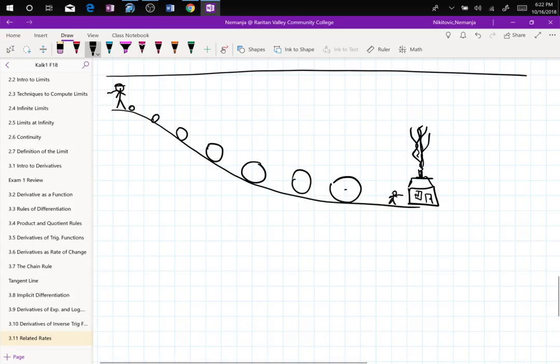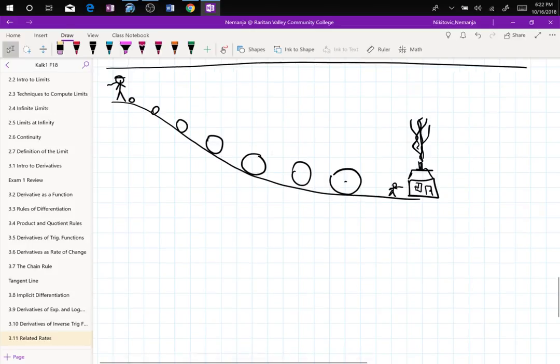We can measure the rate of change of radius by observing the photographs that are taken, the action shot, of the ball rolling down and picking up all the snow.